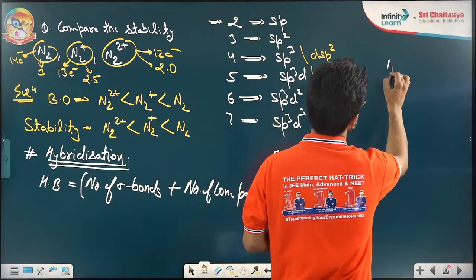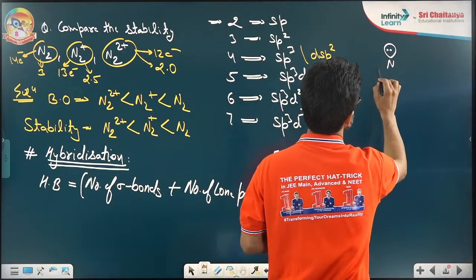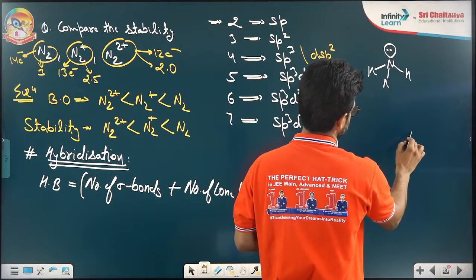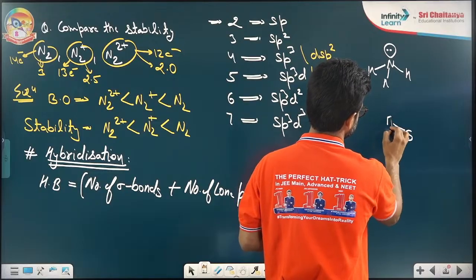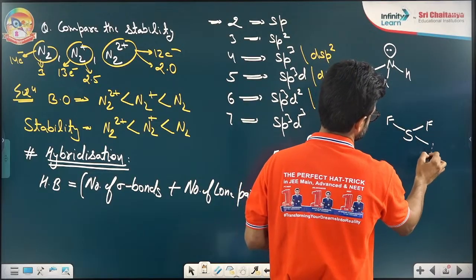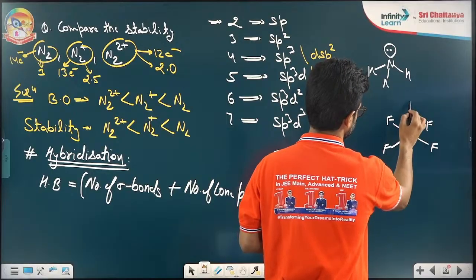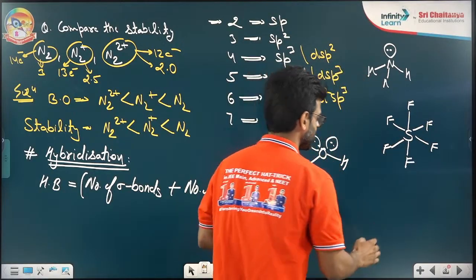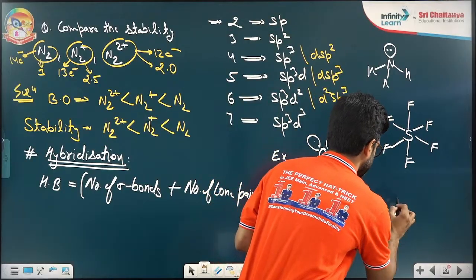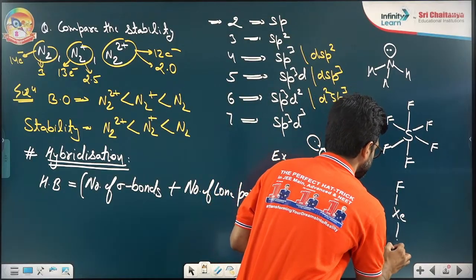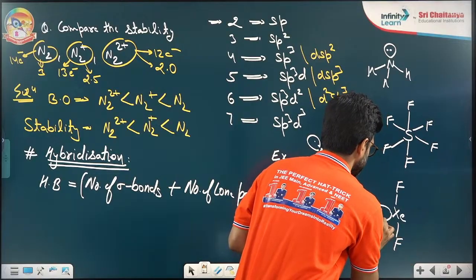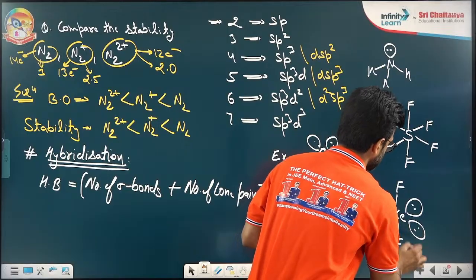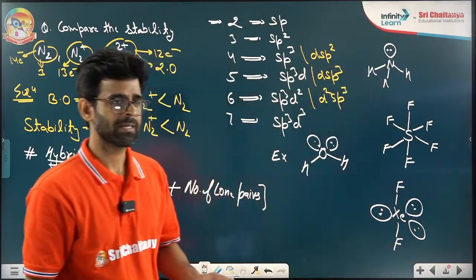Imagine I am having ammonia here, this ammonia has this structure. I'm saying SF6, some of the examples, and XeF2. I made the structures. Without writing the structure, you can find the hybridization also. That is a different technique.